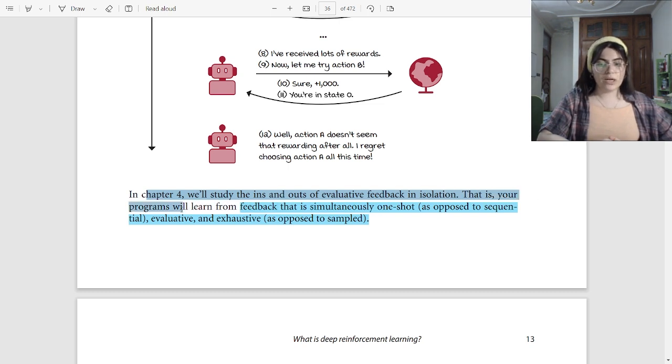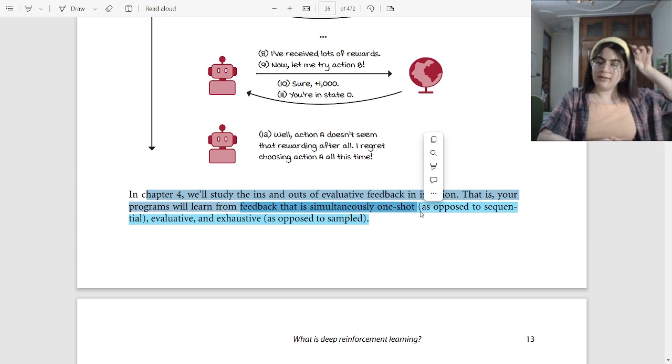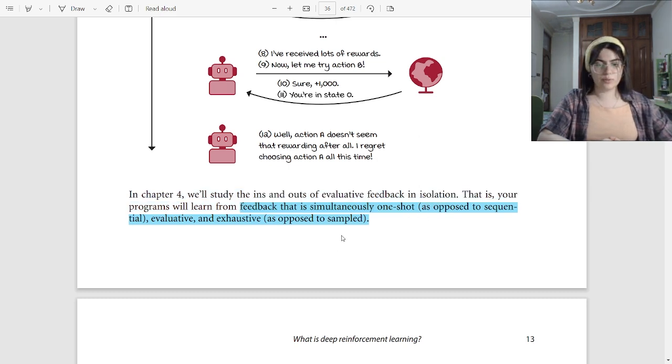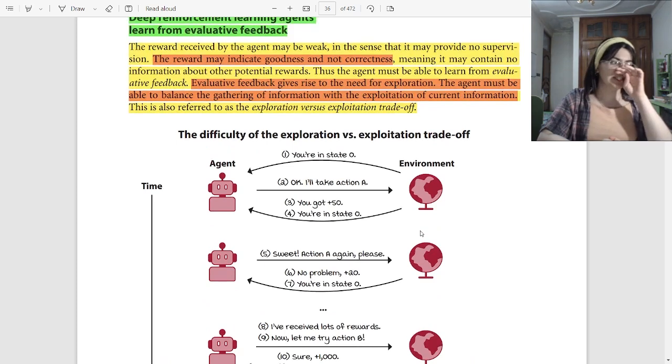So the program will learn from feedback that is simultaneously one-shot as opposed to sequential, and then evaluative and exhaustive as opposed to sampled. So in each chapter, we'll just pick one of these words and play with them to see what they mean and how the agent acts while trying to learn from these types of feedback.